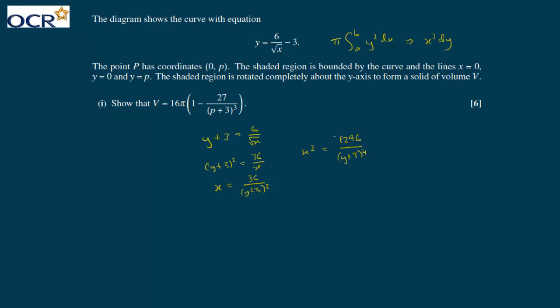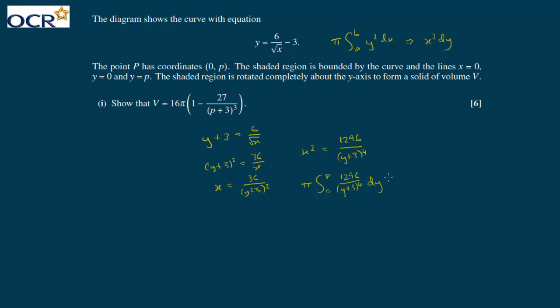Okay, so now we need to integrate this part with respect to y. So let's write it down. We get pi integral, this needs to be a 0, it's our lower bound, and p, it says there, the y coordinate there is p, and we get 1296 on y plus 3 to the power of 4 dy.